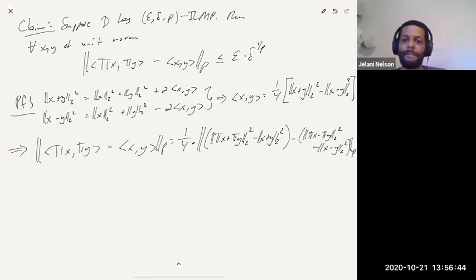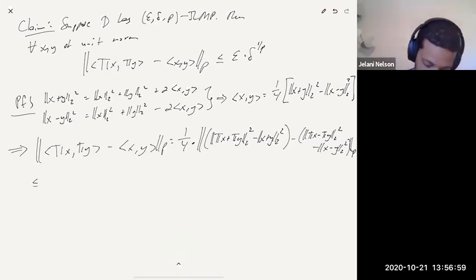I rewrote x dot y using the identity above, and I rewrote pi x dot pi y using the identity above, and did a little rearranging. Now I can use the triangle inequality.